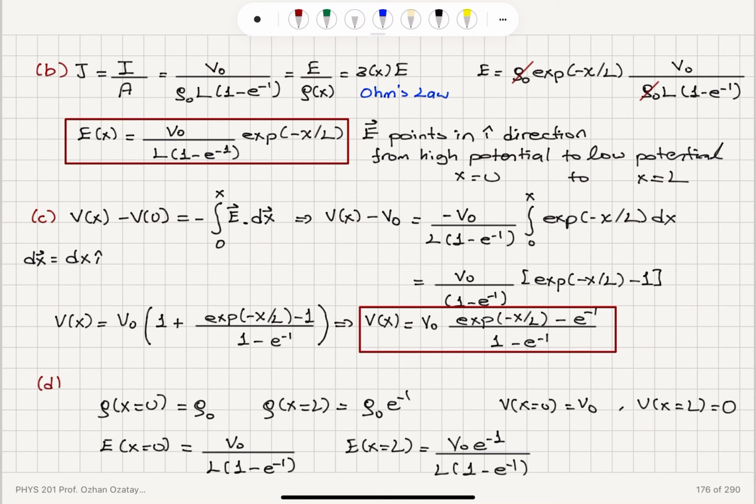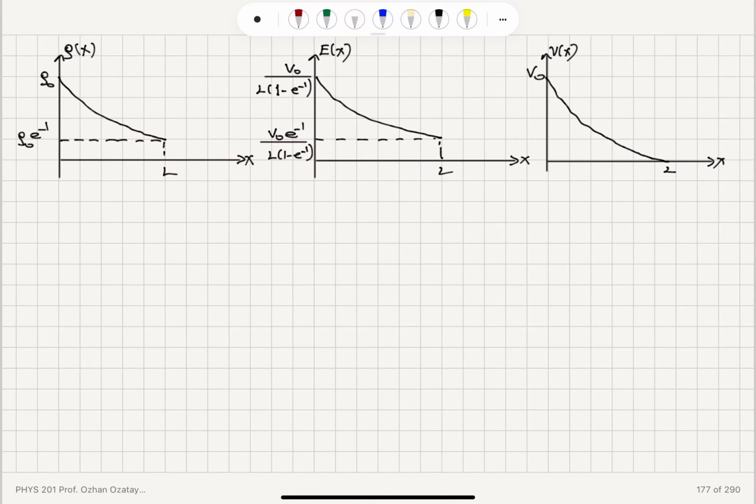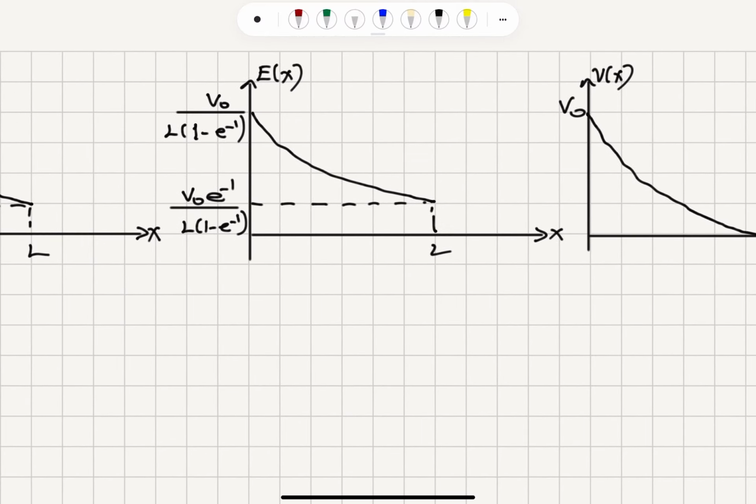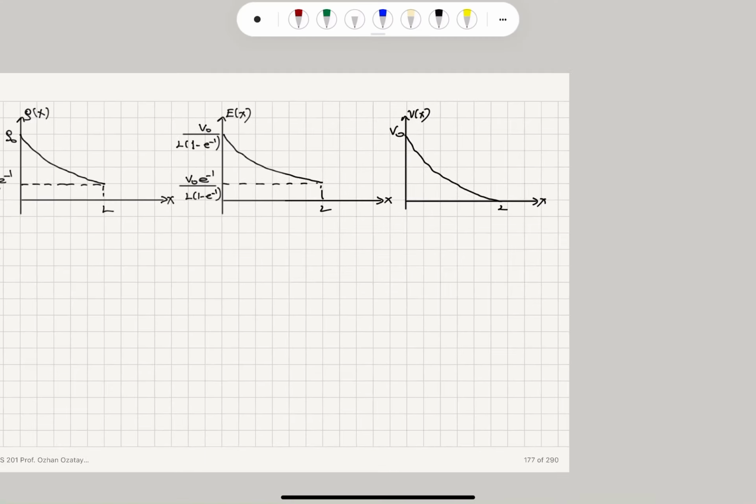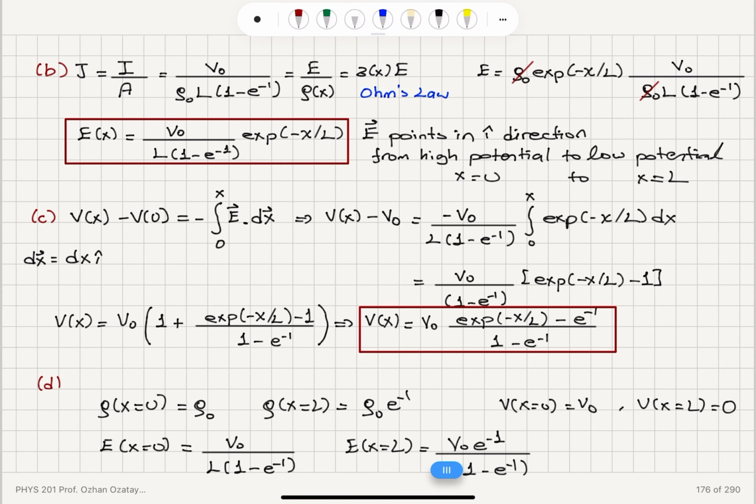So it starts from x equals 0, I start from V0, and x equals L, I reach 0. So this is going to be the potential. It starts from V0 and decays exponentially to 0 at x equals L.